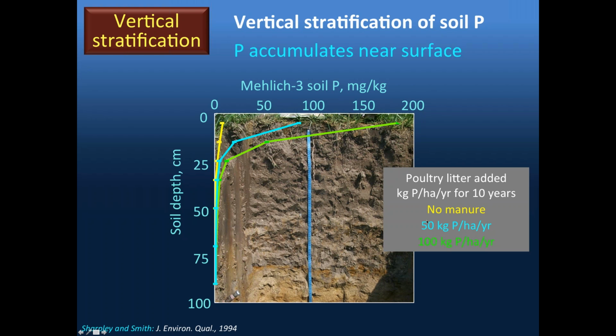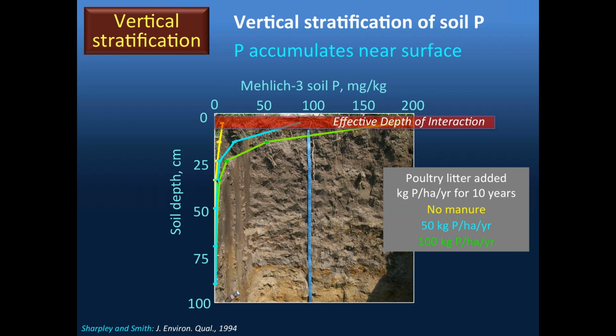Dr. Williams mentioned the kilograms per hectare is roughly pounds per acre. So they had no manure, 50 pounds per acre, 100 pounds per acre, and you can see dramatic differences in the soil test phosphorus, and those differences are greatest at the soil surface. And in fact, they disappear as we get down in depth to about a foot in depth.